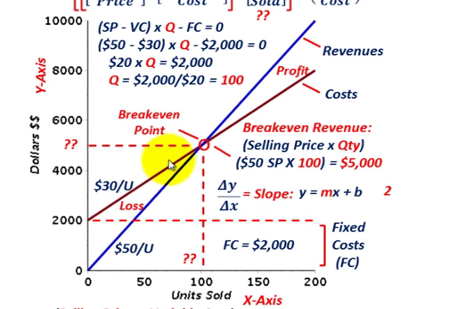And then the slope of our cost line has to be $30. Plugging those numbers into our line equation, where y equals m, the slope, times the quantity we have to determine, plus whatever b is. And b is the y-intercept in our equation. So that's what we're going to be looking at.